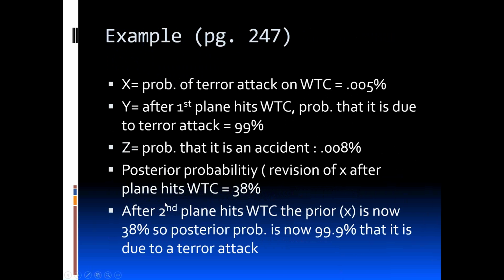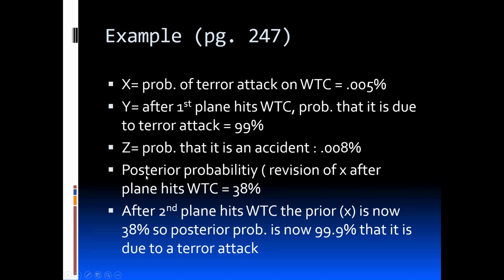Now, to go a step further, that wasn't the only event that occurred. So more information came in. Unfortunately, a second commercial airliner hit the World Trade Center. So, like I said, as new information comes in, according to Bayes' theorem, we have to redo the math. So now X is the probability of a terror attack on the World Trade Center after one plane has hit. It's 38%. So now this number becomes 38%.